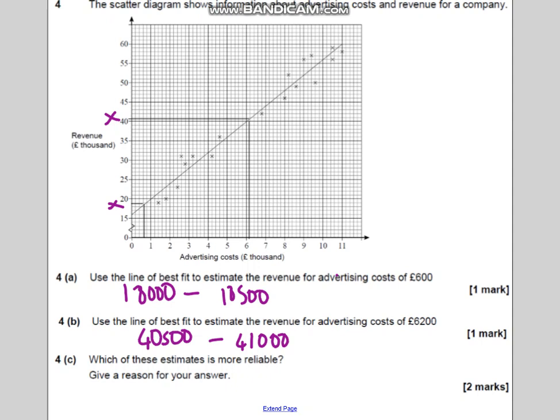Okay, next one. Which of these is more reliable? It's the second one, the £62,000 one, and that's because it's within the range of given data.